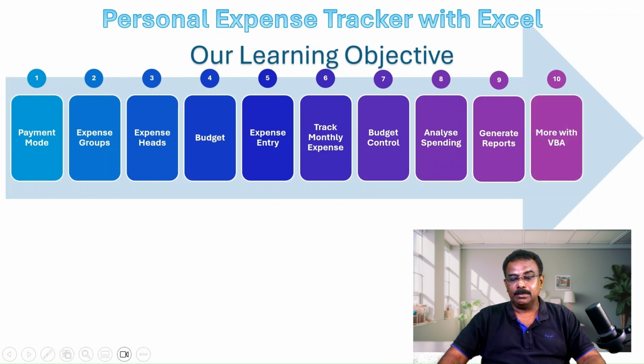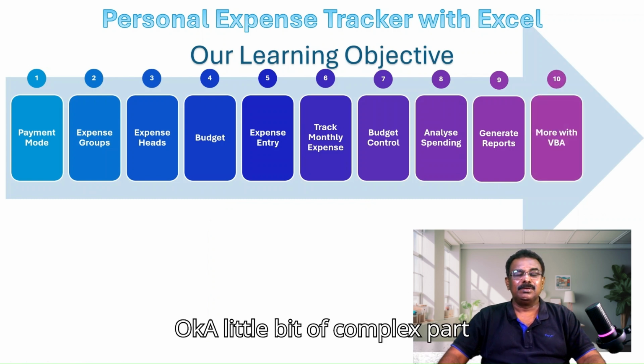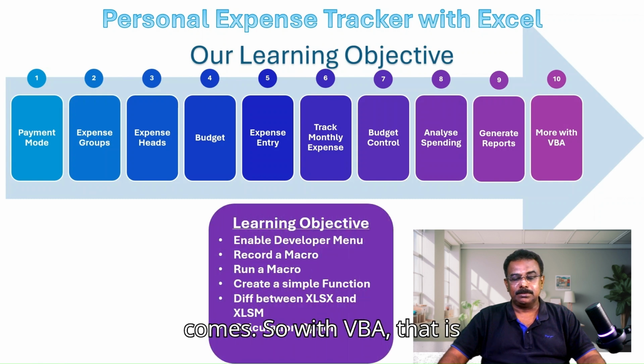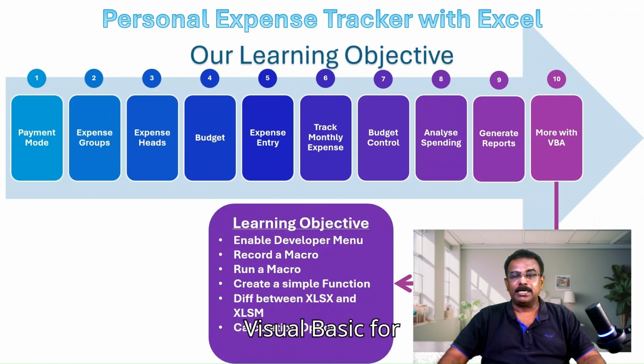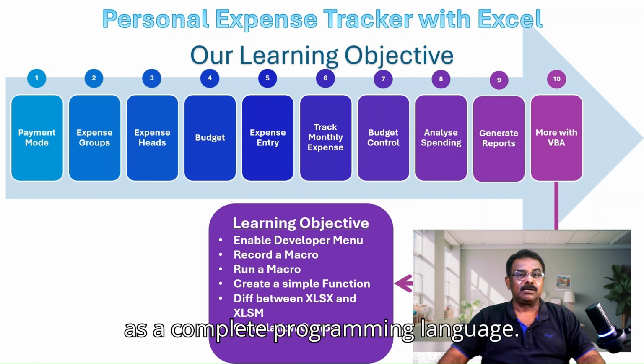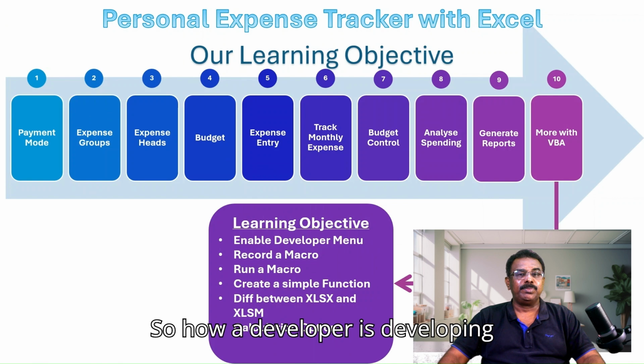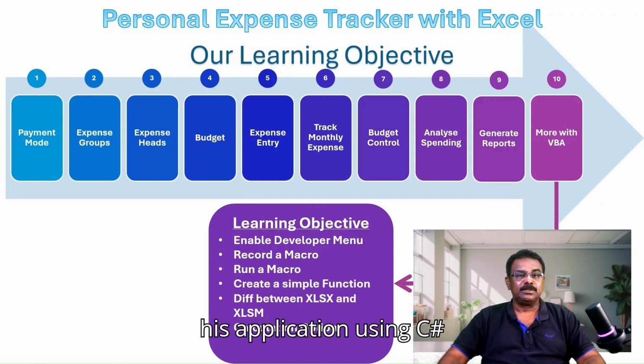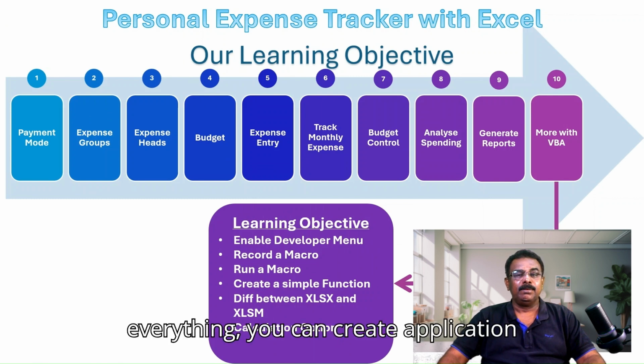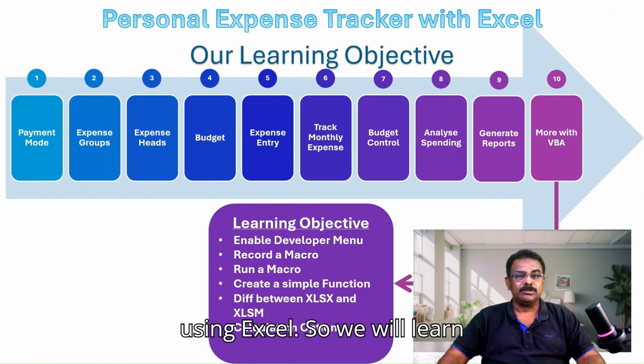Now a little bit of the complex part comes. With VBA, that is Visual Basic for Applications, you can do more. Excel can work as a complete programming language. Just as a developer develops an application using C#, ASP.NET or Java, you can create applications using Excel.